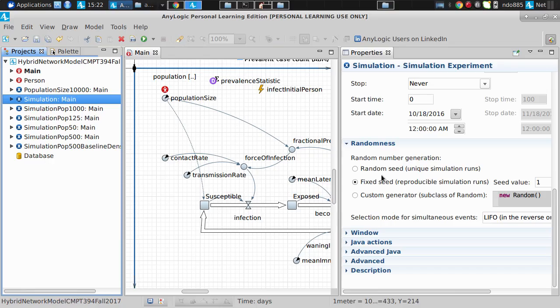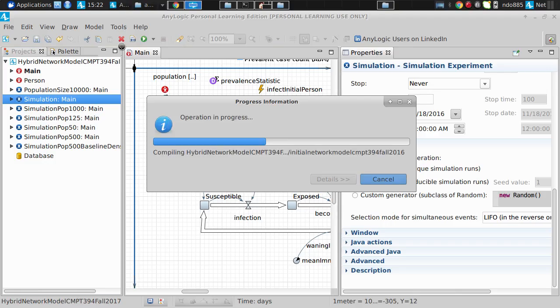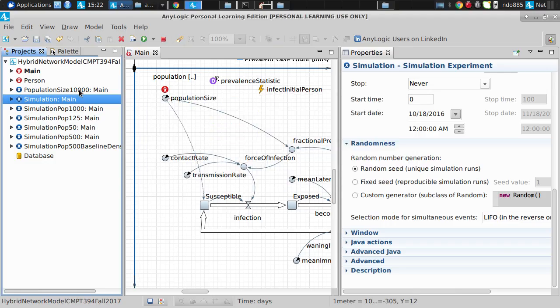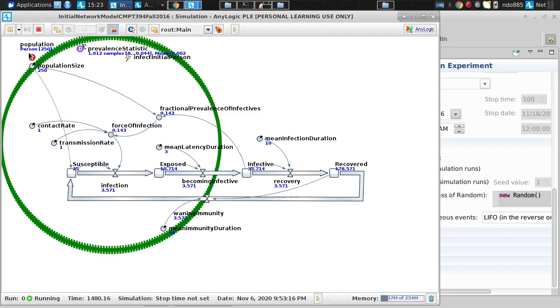Just as a sanity check, I'm using a fixed seed, so I'm going to change it to a random seed here. Here I am, and I'm going to run it. Boom. Okay, it sort of spread over a portion of the network. It's moving in a very linear way, you notice. That's all it can do. It moves along the network.